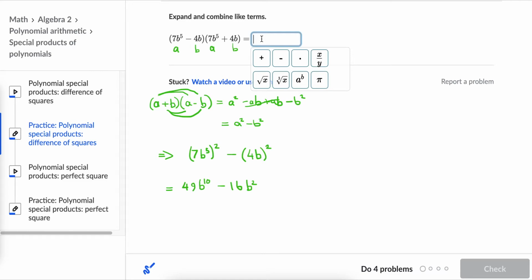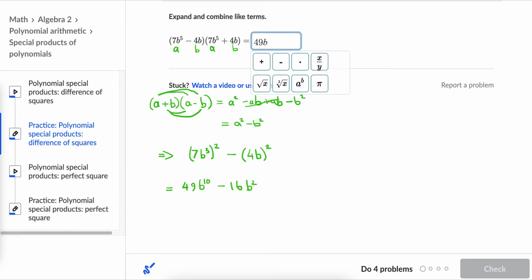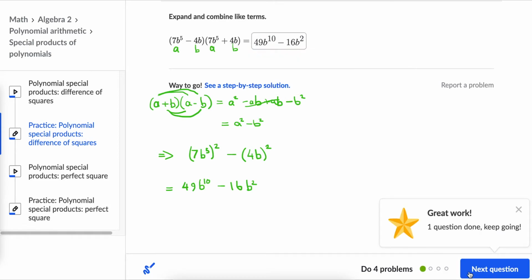So the answer is 49b to the 10th power minus 16b squared. Let's look at one more example, and then we'll move on to perfect squares.